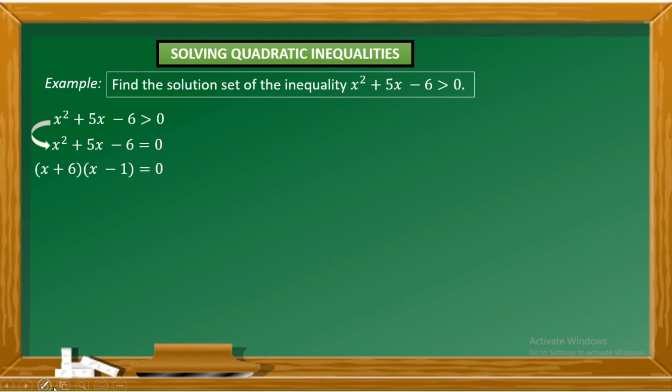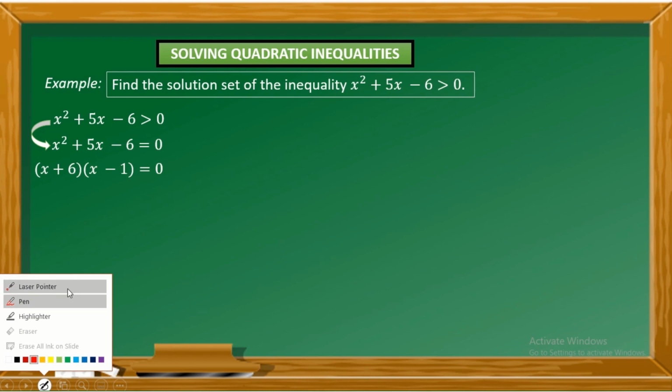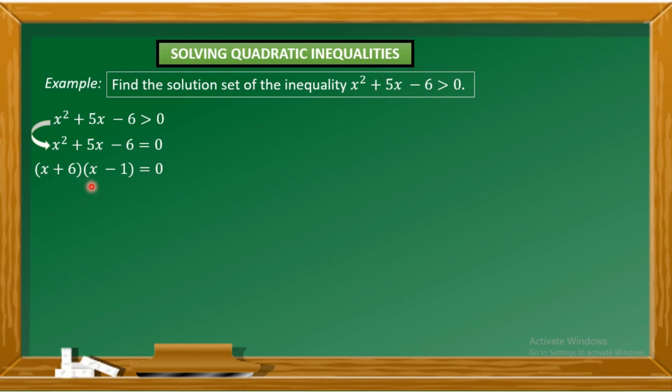Okay, next. After factoring, we will now separate each factor and equate each to 0. So x plus 6 equals 0, and the other one is x minus 1 equals 0. Solving for x here, transpose positive 6 from the left to the right, it will become minus 6.